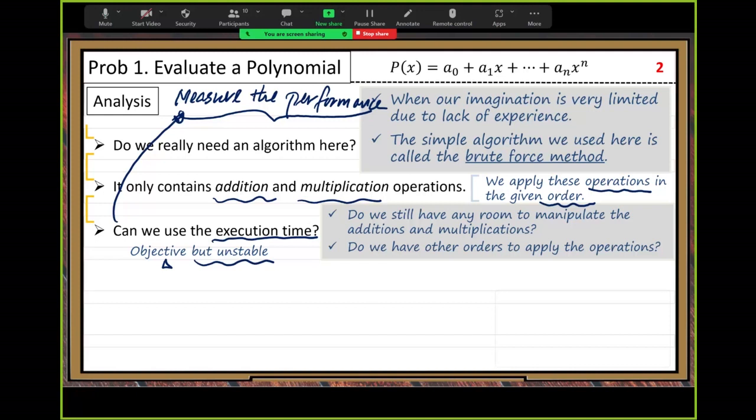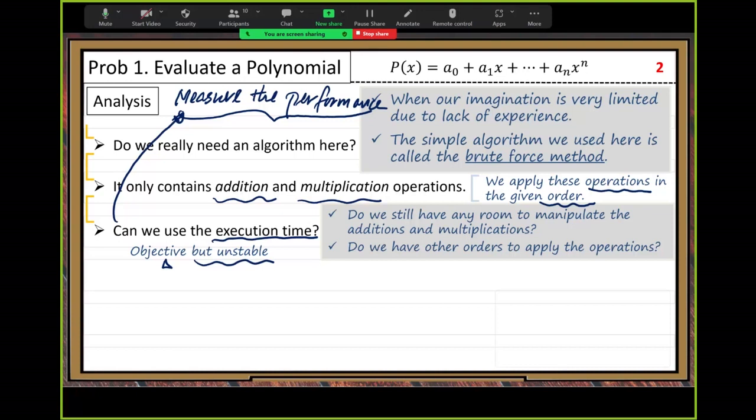Different people run this algorithm on different computers. Some computers run faster, some are slower. Some people may use a supercomputer, some people may just use low-end computers, right? So we do not treat the execution time as a good, stable measure for the performance.